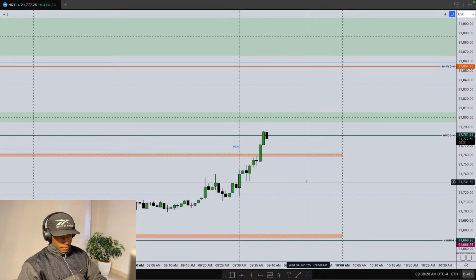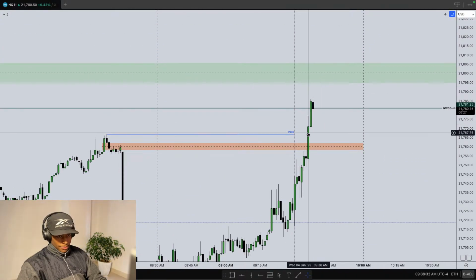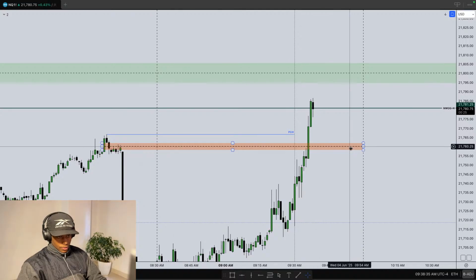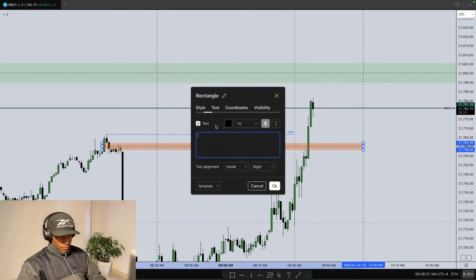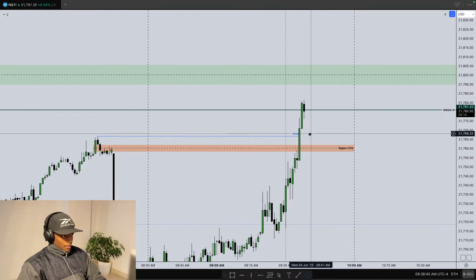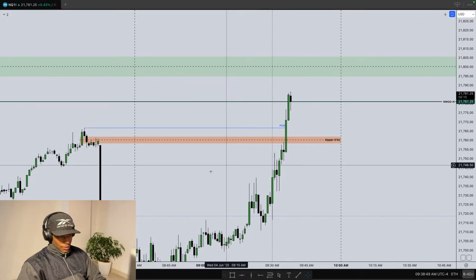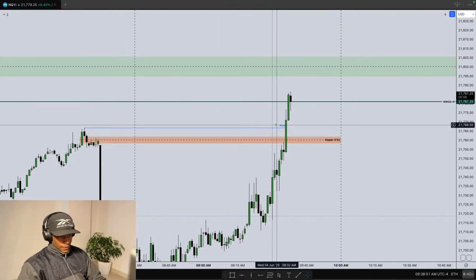Now we just wait. First presentation right there. So what does that mean? The first presentation and this ripper in here, ripper ILVG, the previous cycle's high. So many PD arrays. You see that? Not just one PD array. We have got a ripper, we've got the previous cycle high, we've got the first presentation.